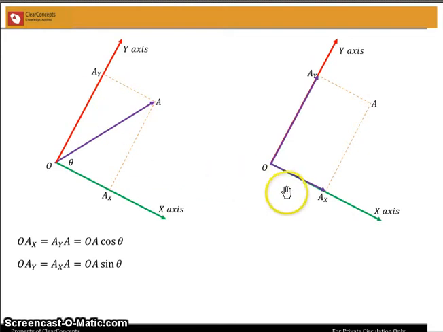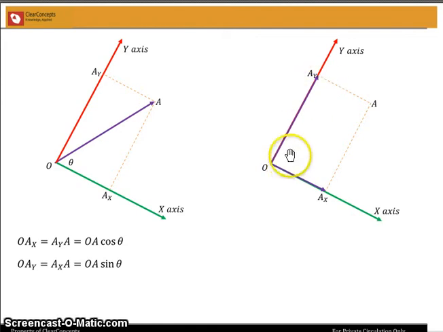Another way of going about it is to specify the actual lengths of the adjacent sides. So I could specify that the side along the x-axis has a length OAX, and the side along the y-axis has a length OAY.